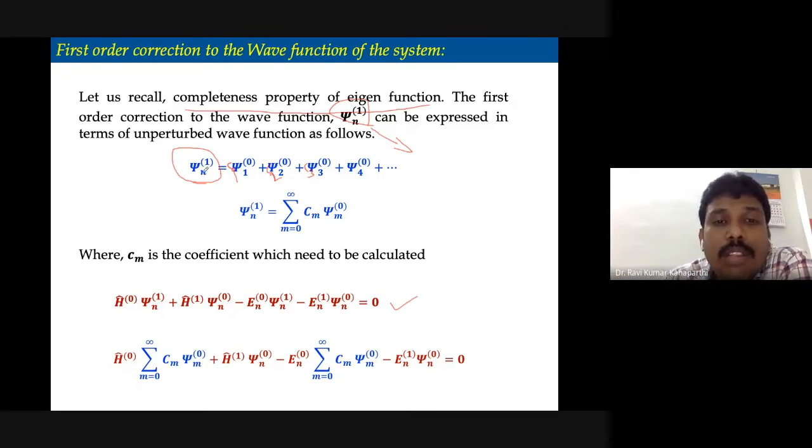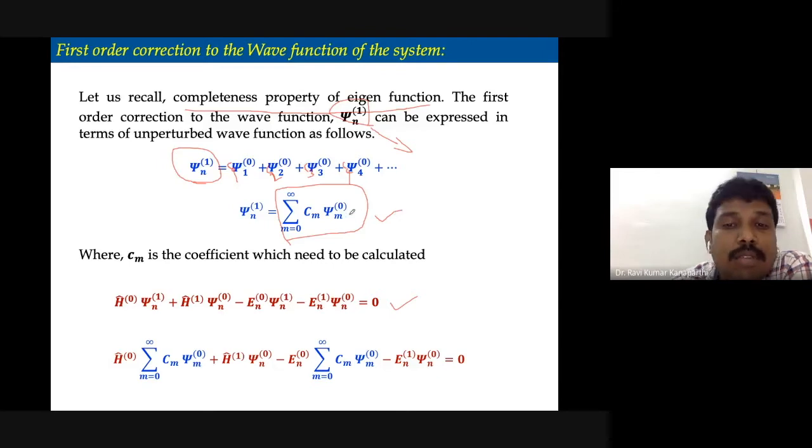How? Well, psi n of 1 can be written as C1 psi 1 of 0 plus C2 psi 2 of 0 plus C3 psi 3 of 0 plus C4 psi 4 of 0 and so on. This infinite power series on the right hand side can be written in shorthand notation: summation m runs from 0 to infinity, Cm psi m of 0.